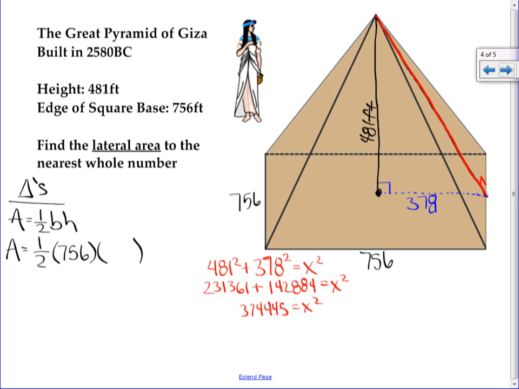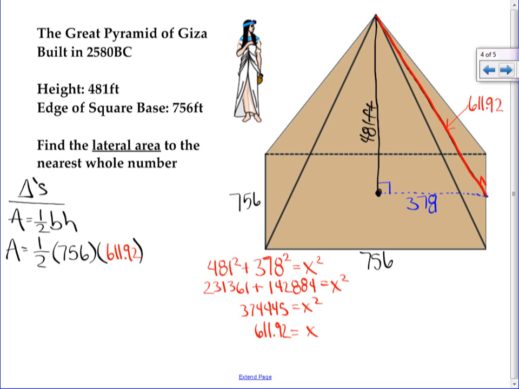Now what? Square root. What do we get for the slant height? Okay, so we just found out this right here.